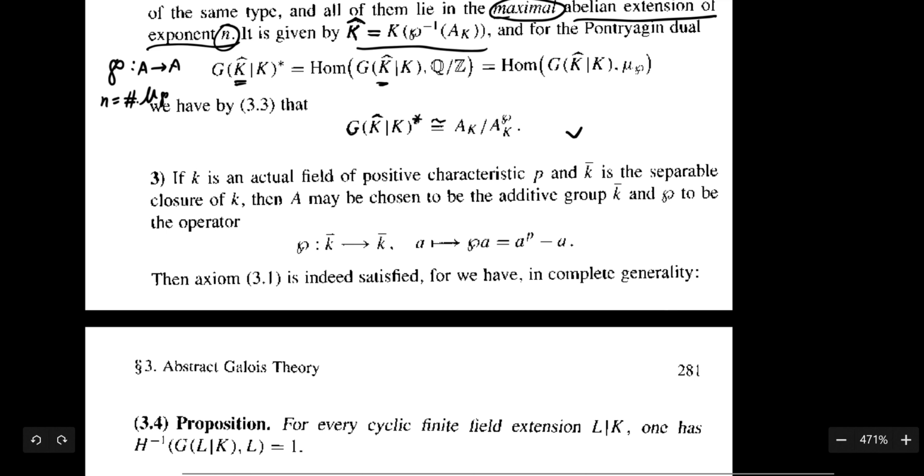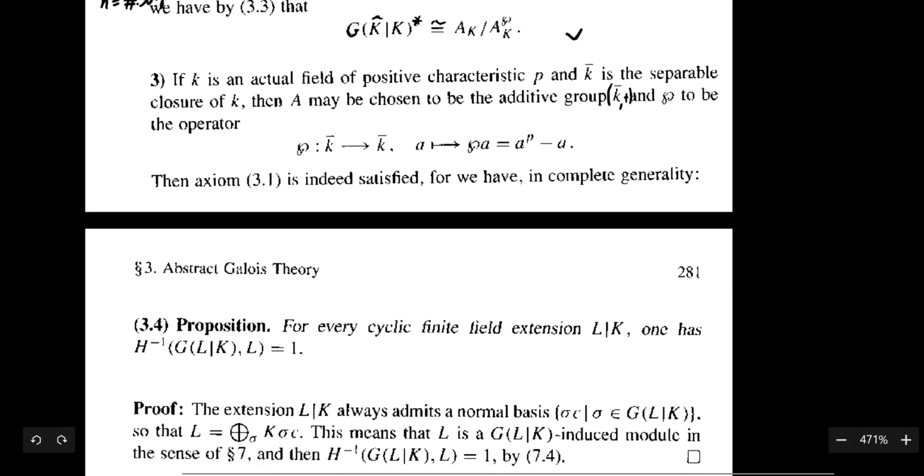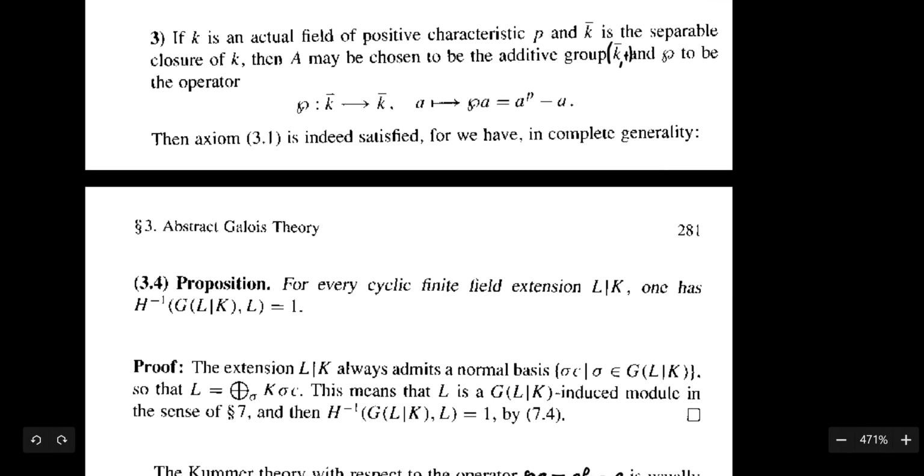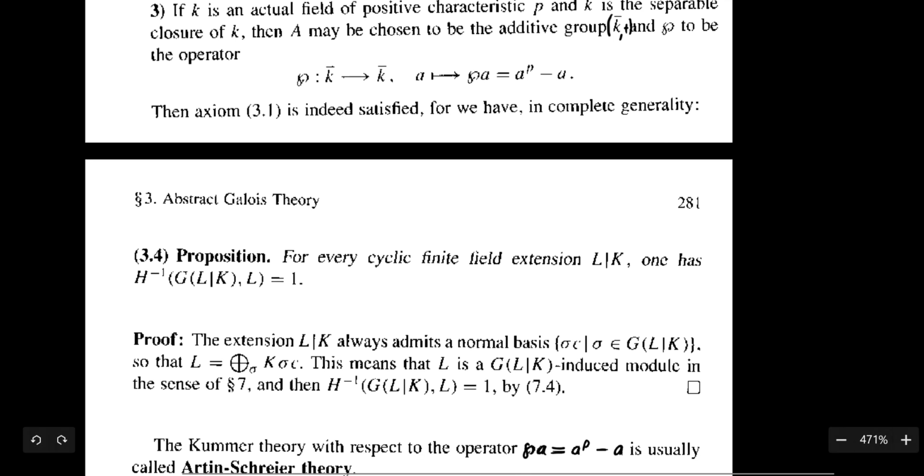Okay, so you just regard it as an additive group, and P to be the operator. Okay, axiom 3.1 is indeed satisfied. We have complete generality.